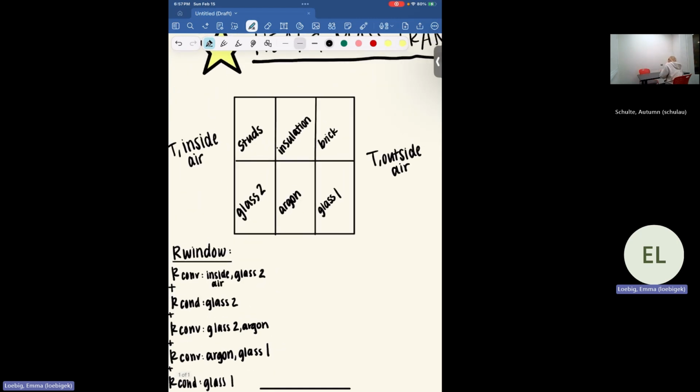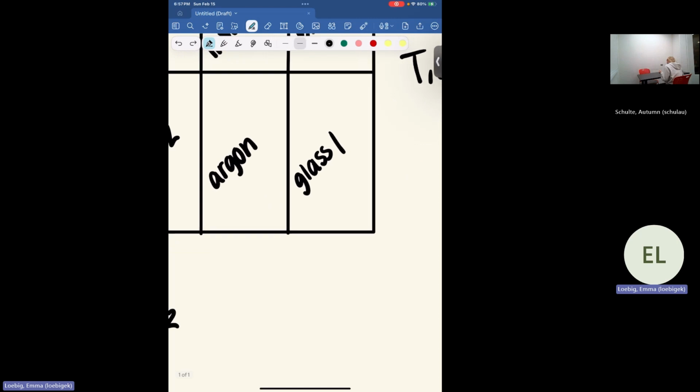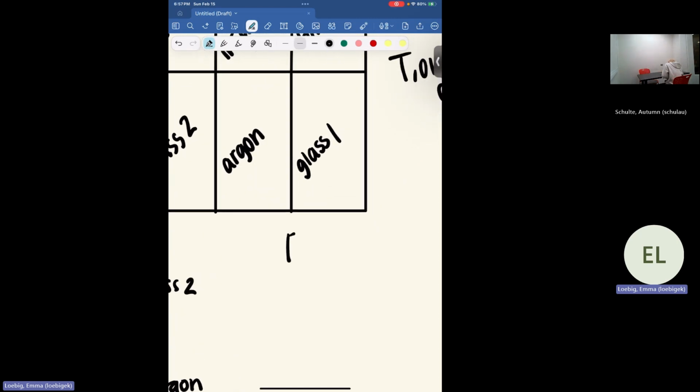And next we're going to be talking about the thermal resistance of this wall. So we're going to write thermal resistance of the wall.